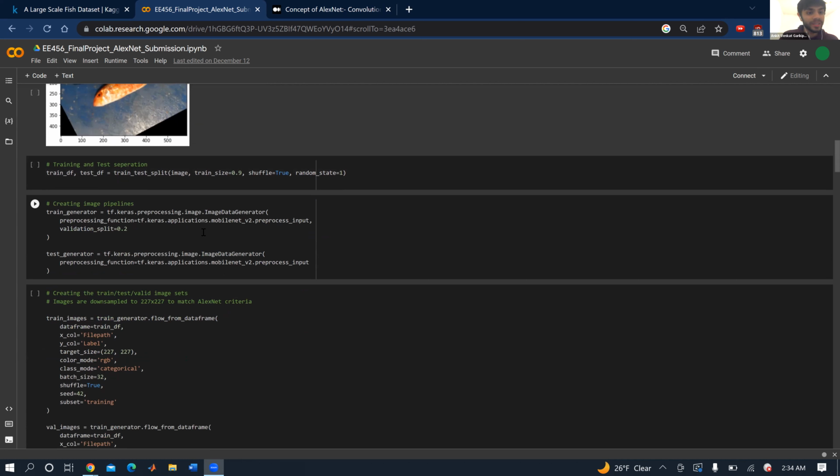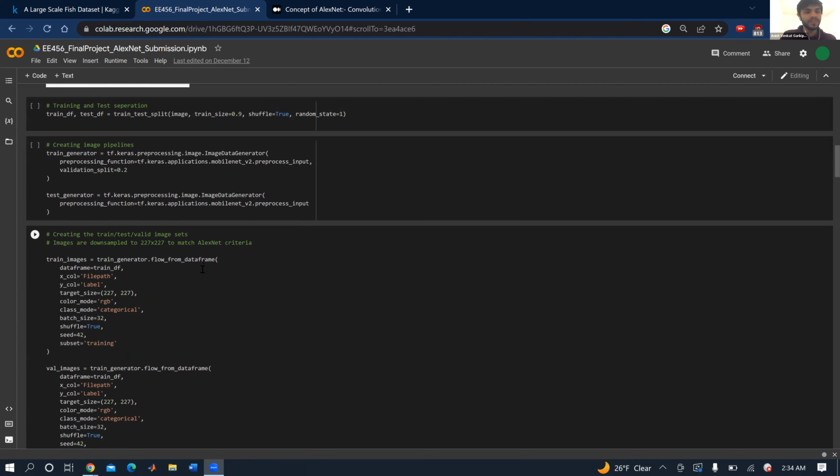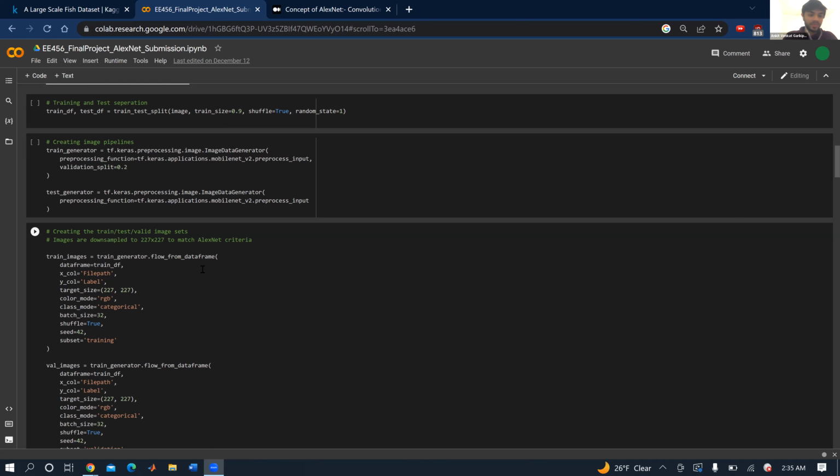But when we format the data frame as such, we can utilize an ImageDataGenerator object from TensorFlow, or from Keras particularly. Within this object, there is a flow_from_dataframe method, which handles the creation of the training, testing, and validation sets. It reads all the data frame information, reads the file paths of the images, and actually creates the image sets for training, testing, and validation. We were also able to specify the batch size, so we did batch learning with size 32.